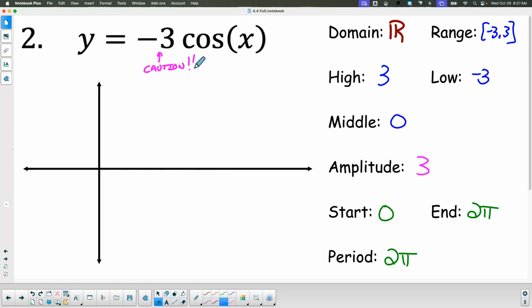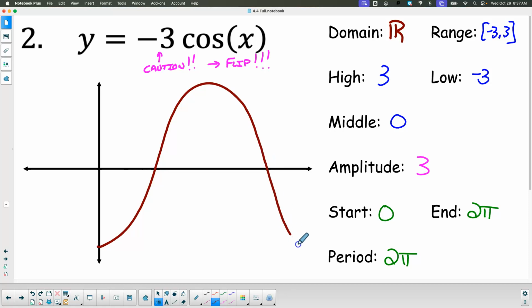Okay? That -3 will flip this graph. So instead of starting high, it's going to start low, middle, high, low.